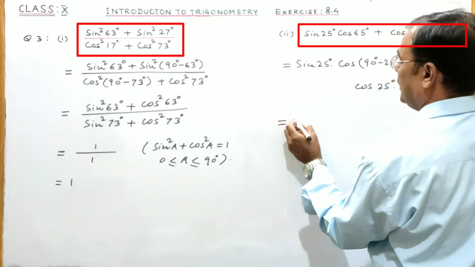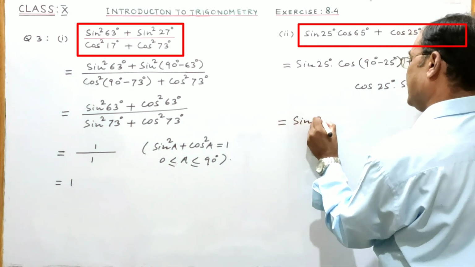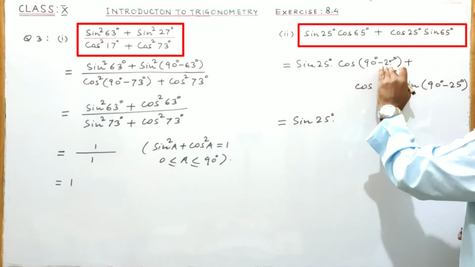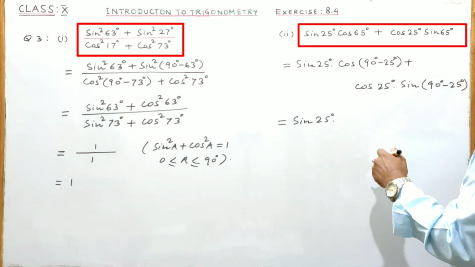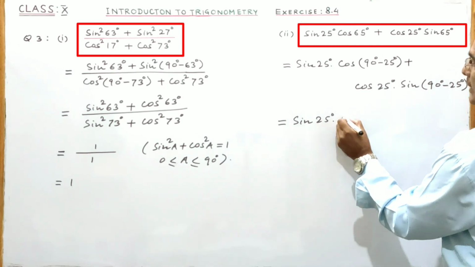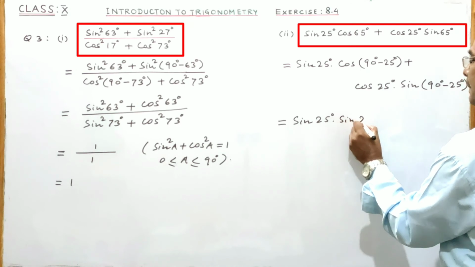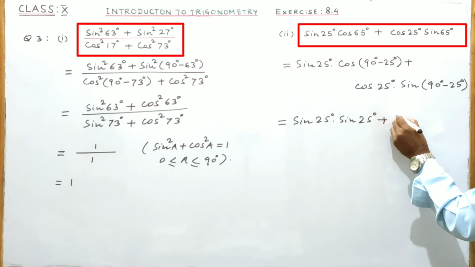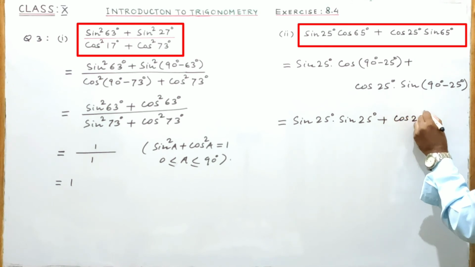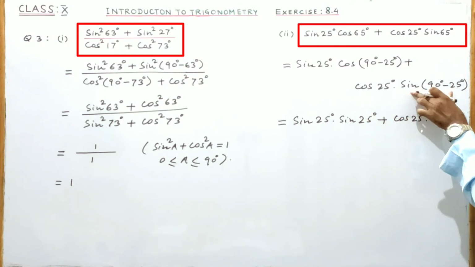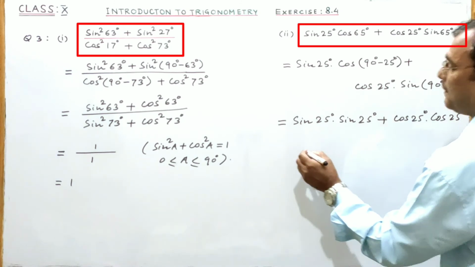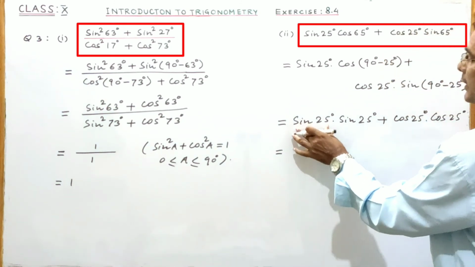This is equal to sine 25 degrees into this cos 90 degrees minus 25 degrees will become sine 25 degrees. So sine 25 degrees plus cos 25 degrees into this sine 90 degrees minus 25 degrees will become cos 25 degrees.